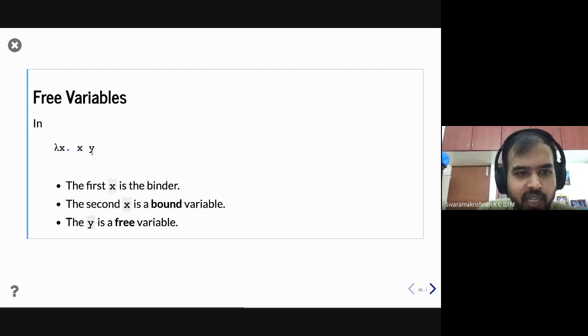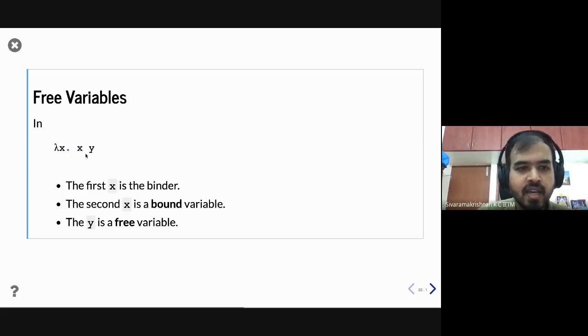When you look at terms like this, we call the first x the binder. We use this term binding for the variable introduced by lambda calculus. The second x is known as the bound variable. Why is it a bound variable? Because it is bound by this binder.